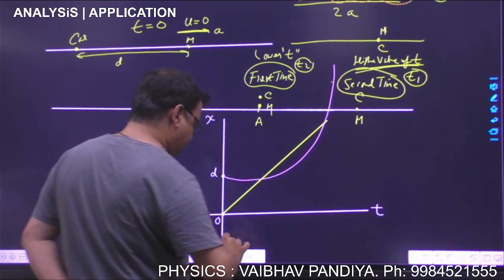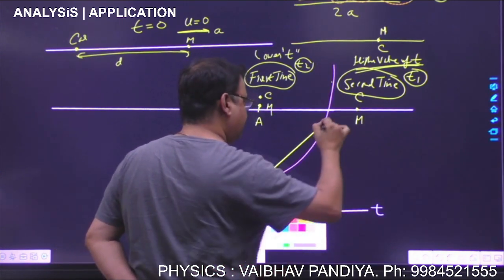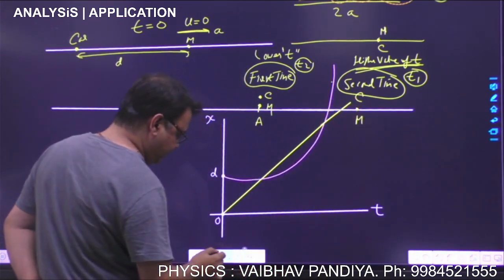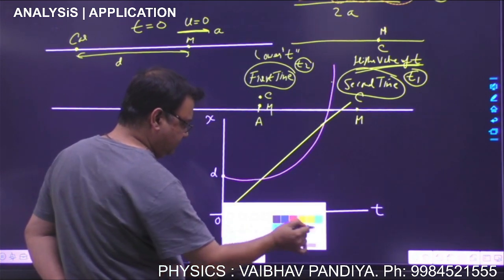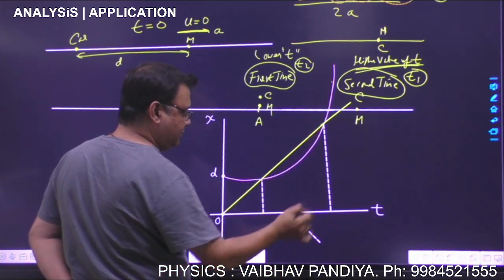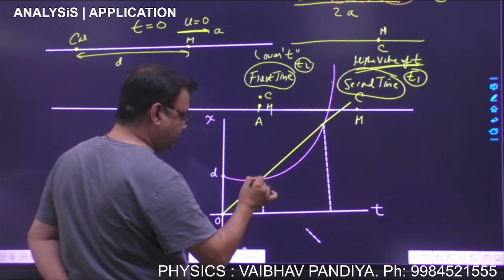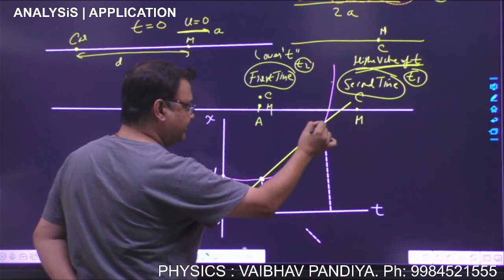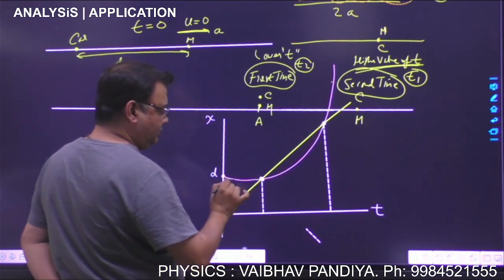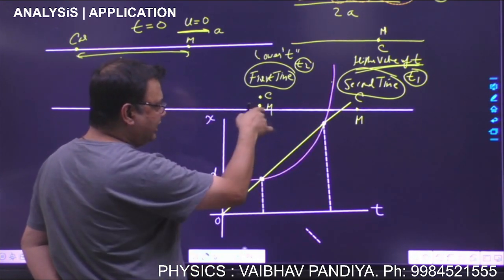See, these two graphs are meeting at two places. Can you see? They are meeting at two times. One is there and one is there. So at two times in future, they will have the same position. First, the police car would overtake the motorcyclist.